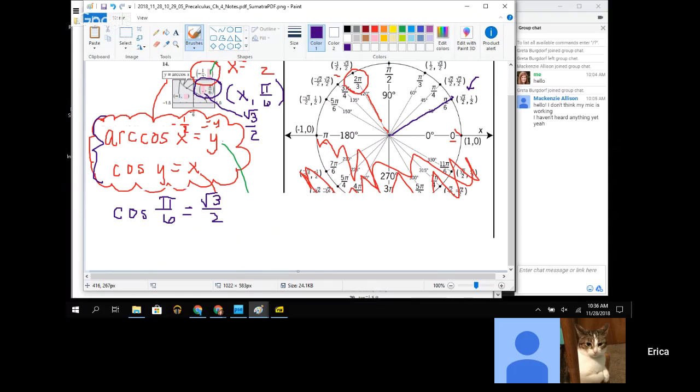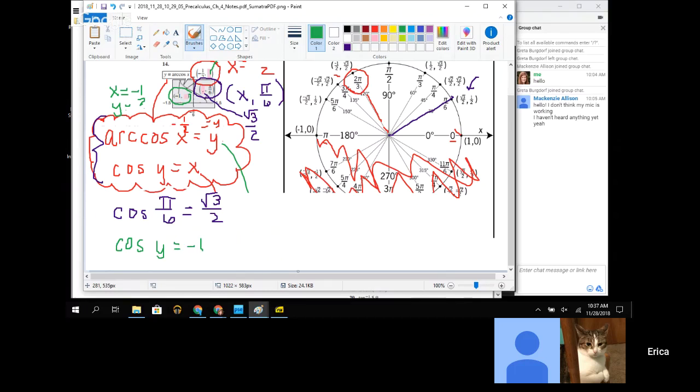And then the last one that I have to do is right here. What happens when x equals negative 1? What is my y? When x equals negative 1, I'm trying to figure out when the cosine of y is equal to negative 1.